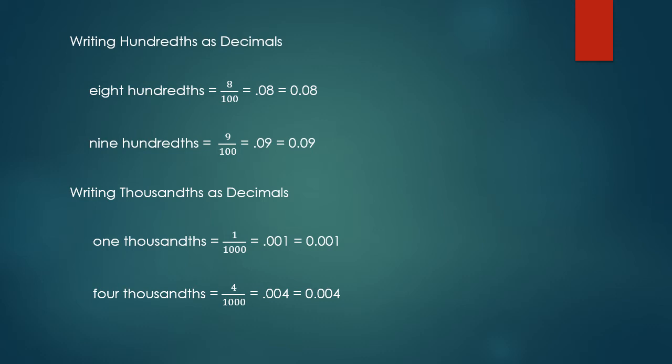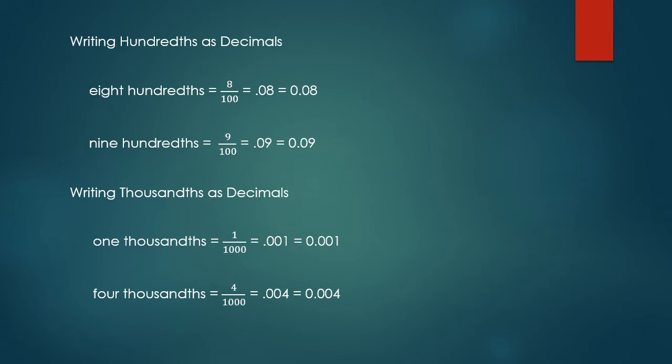There is no value of 0 before the decimal. Before the decimal, if we write 0, there is no value of this 0. So either you can write it as 0.09 or .09.